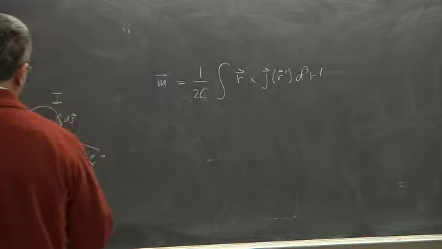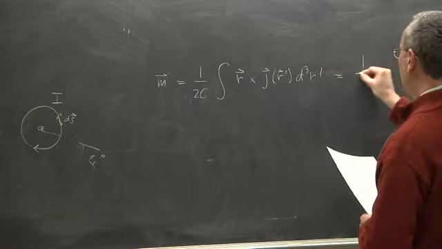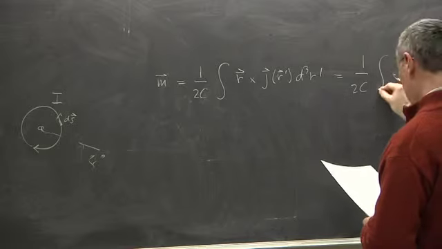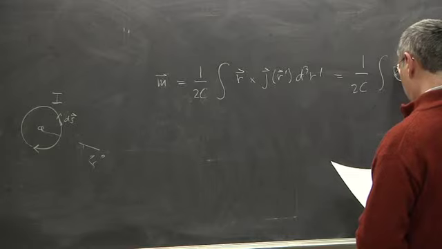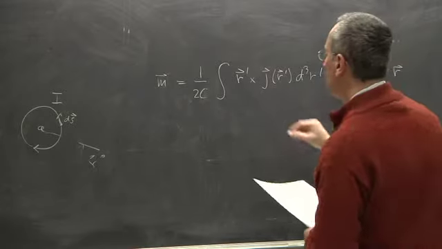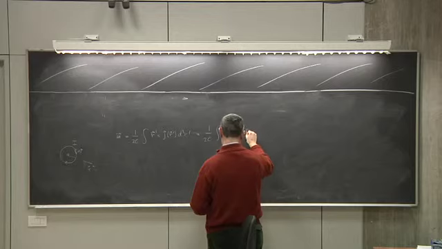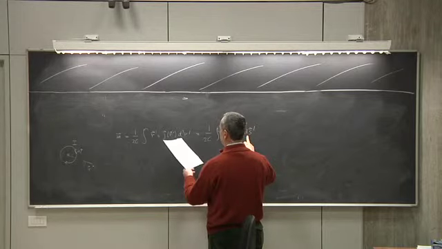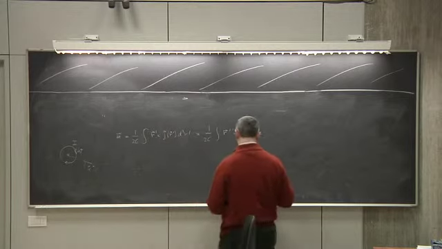So if I have this little loop with the current I, it's like the density, I can rewrite it like 1 over 2c. Then I have the integral over r' I ds', because this is d3r', then this becomes just the integral of that.